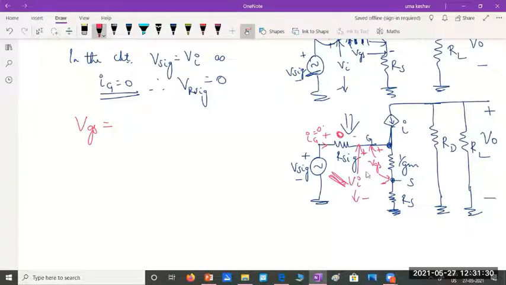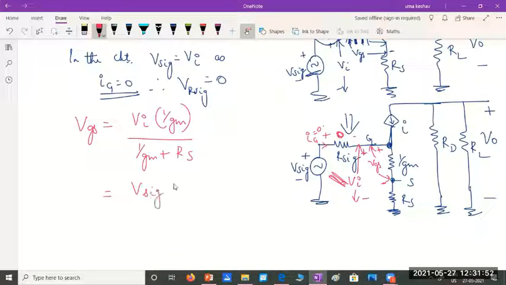VGS is the overall voltage Vi into the resistance across which I am checking VGS, which is 1 by Gm, divided by the sum of resistors, 1 by Gm plus Rs. Is that right? And remember, Vi and Vsig are the same here.